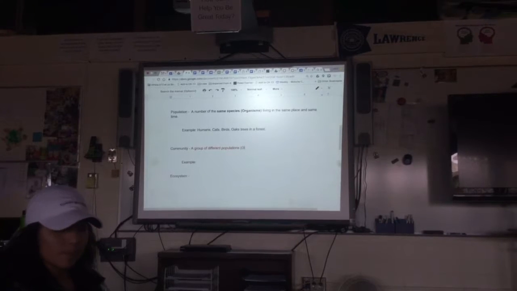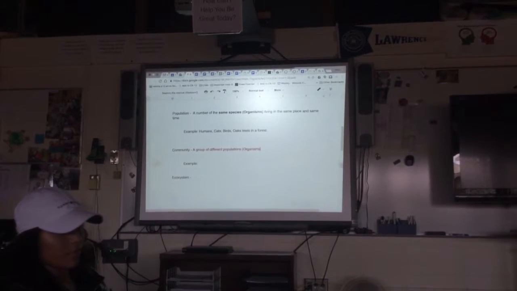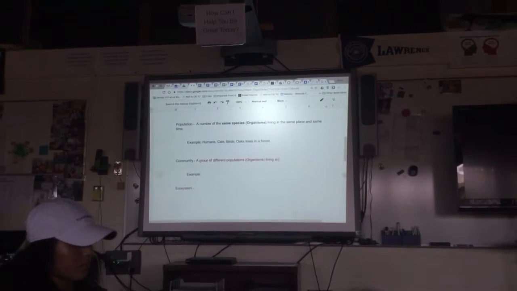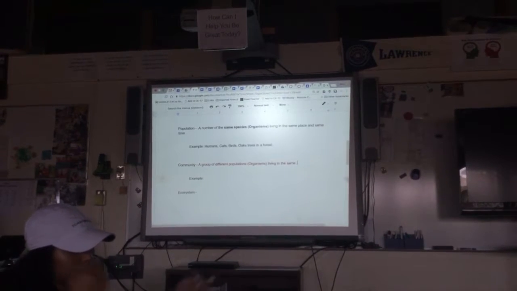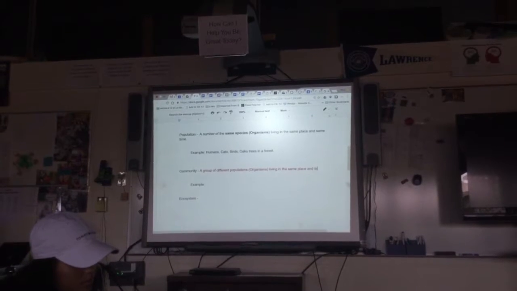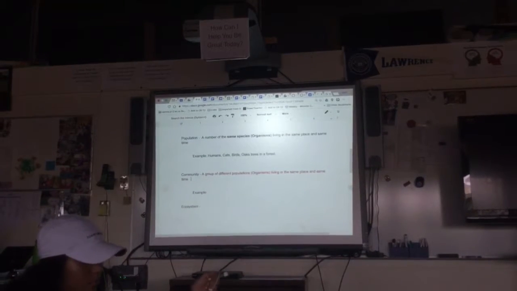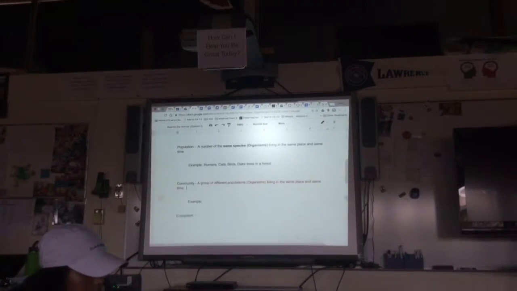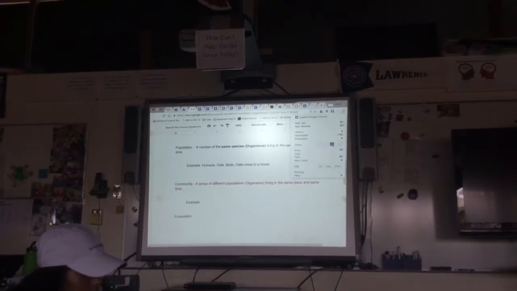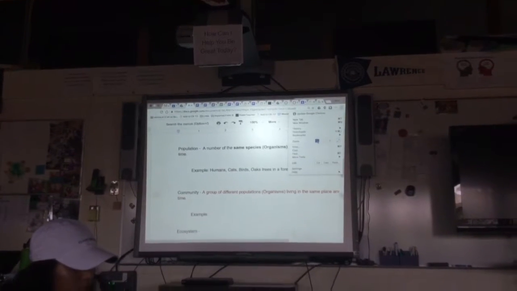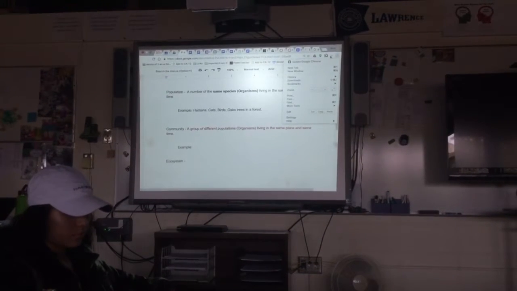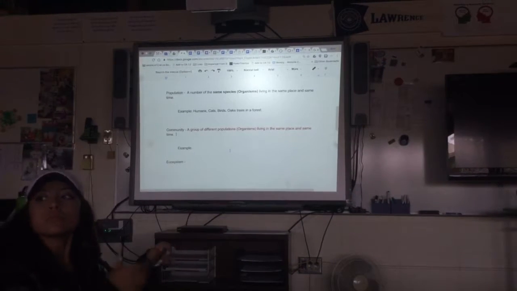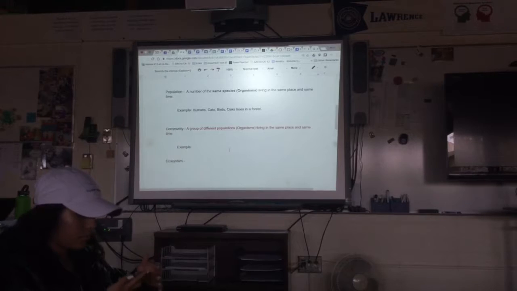We can put in parentheses organisms living in the same place and same time. A group of different populations are now different organisms living in the same place and same time.